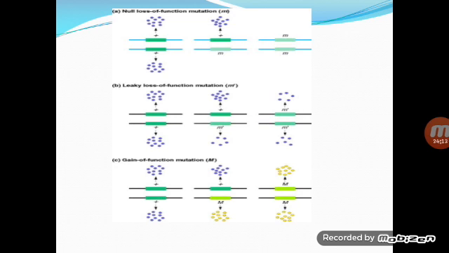In Figure A, mutation M has completely lost its function. It is a null mutation. The first case is homozygous, second heterozygous, third one is again homozygous. Dominant, recessive and dominant, and the third one is recessive.